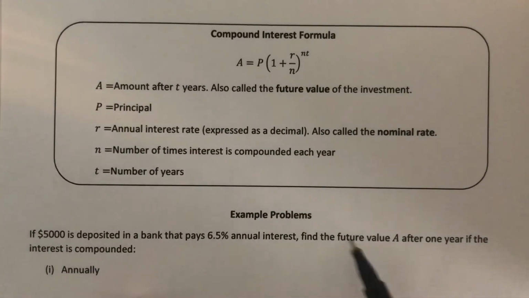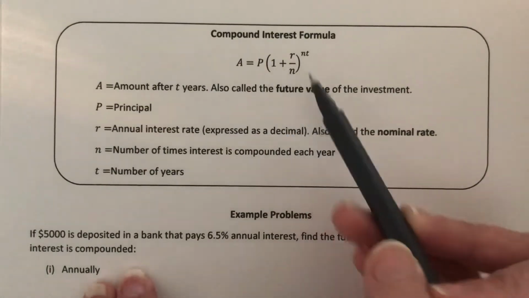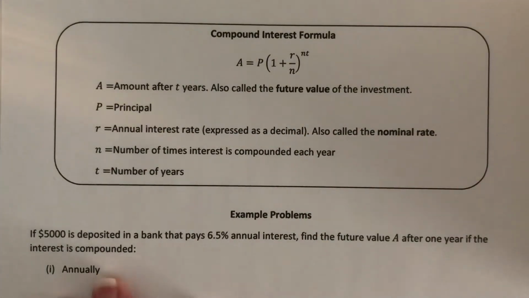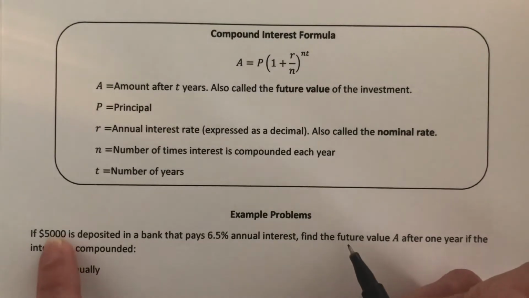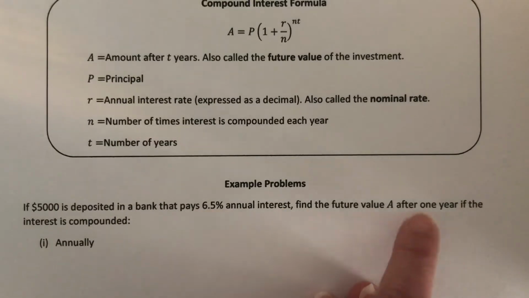Okay, so since I'm using the same basic thing, what I'm going to do first is plug the parts that are always the same into this formula so that I don't have to rewrite them every time. My principal for all of these is going to be $5,000. The rate is always going to be 6.5%. Okay, and my time is 1 year.